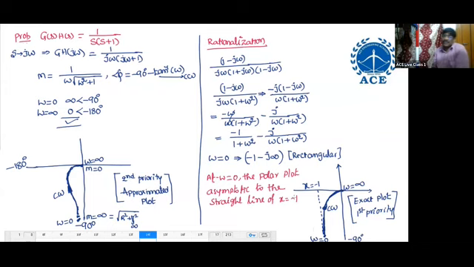It starts at x equal to minus 1 at omega equal to 0.